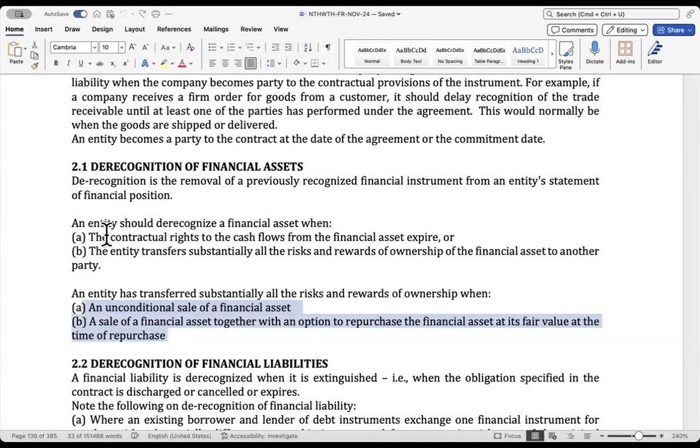But really, derecognition of a financial asset happens when your right to cash flow from the financial asset has expired, and when you have transferred all risk and reward of ownership of the financial asset to another entity, that is, when you have sold the financial asset.